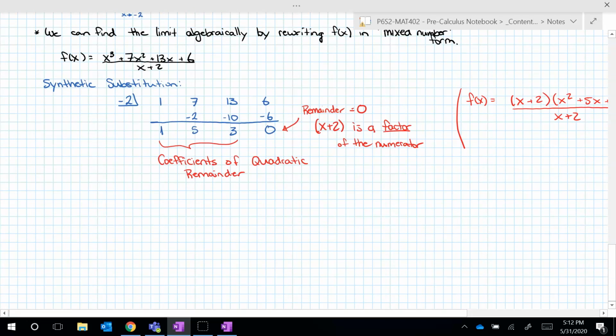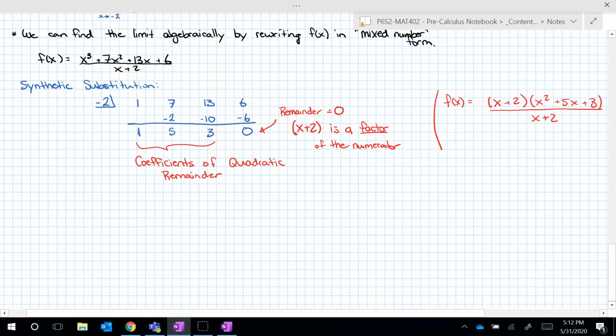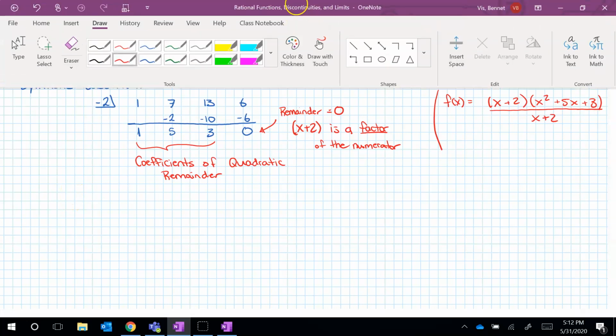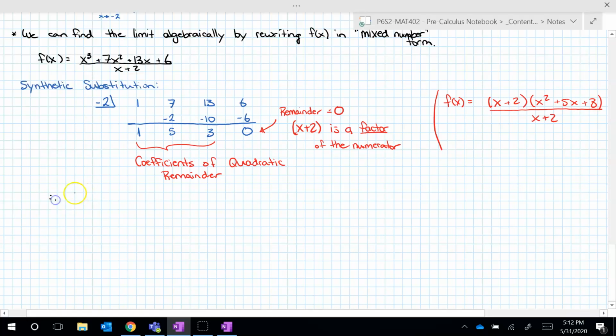There are a couple of different ways I could write this, but one is to do it as a mixed number. In mixed number form, I know that f of x is x squared plus 5x plus 3 plus this remainder of 0 divided by x plus 2.